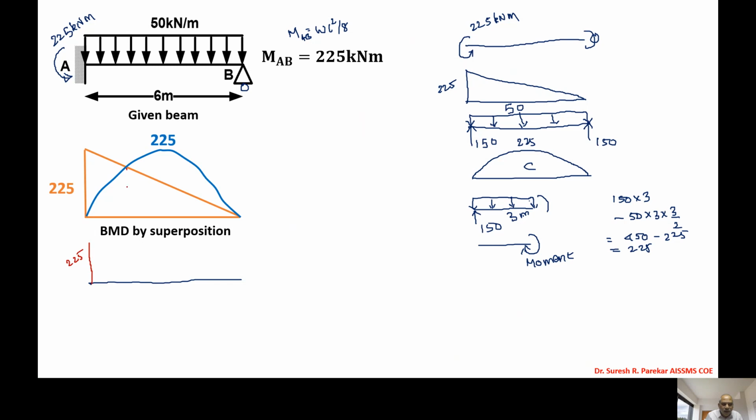Now we have this point where we will get this value as 0, and then at the center, if we calculate, we have half of this value. So this is 225. If I consider this as a triangle, and this is 225, we are going to find out at the center, we will get 225 by 2.